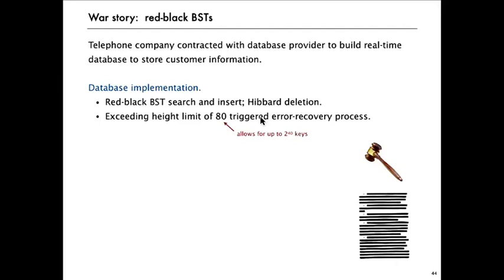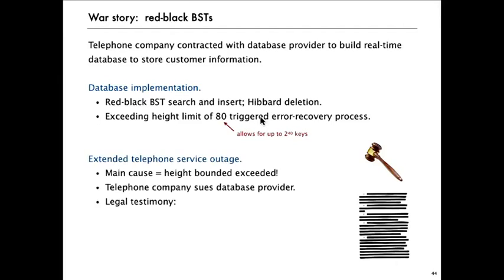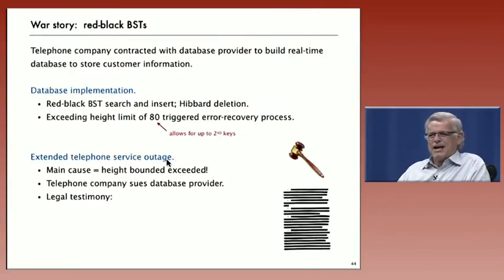And they had a complex error recovery process that got triggered if the height limit got too big, and they would rebuild the whole tree. And because of the way they did this deletion, the end of the story was that the client had an extended outage because the implementer didn't use the full algorithm. And there was a lawsuit and some legal testimony.